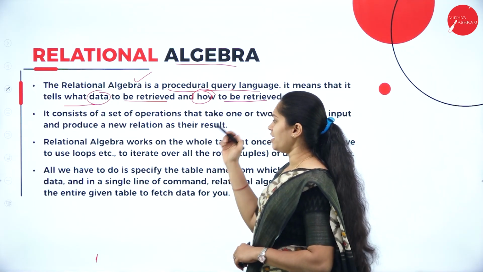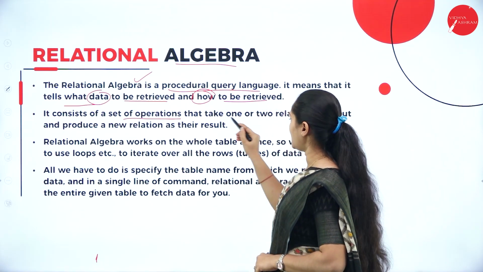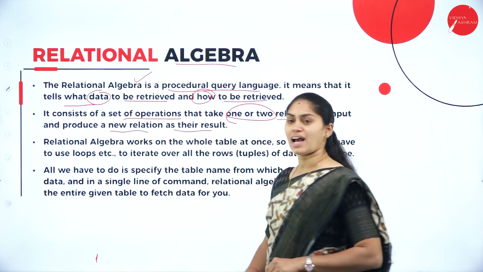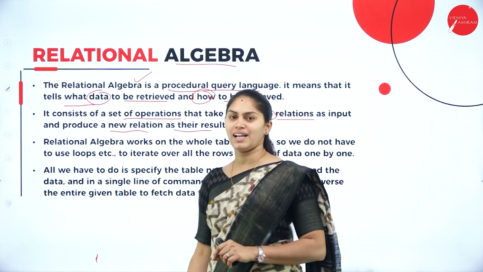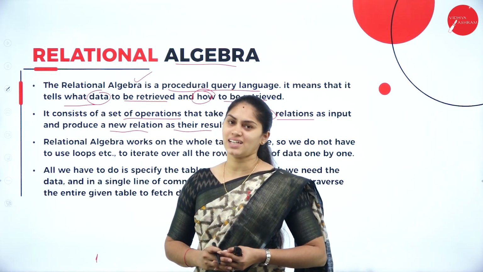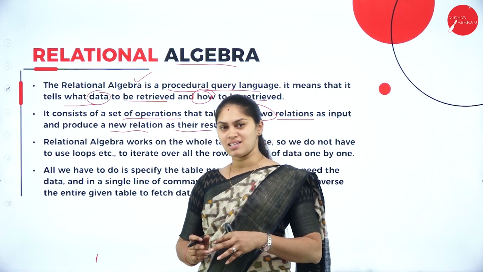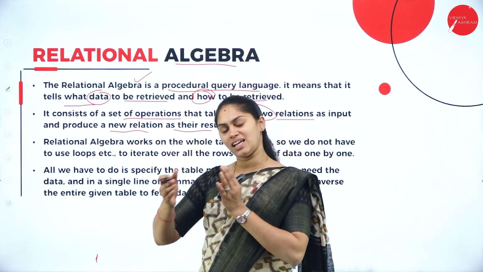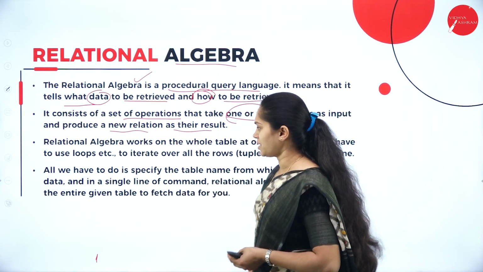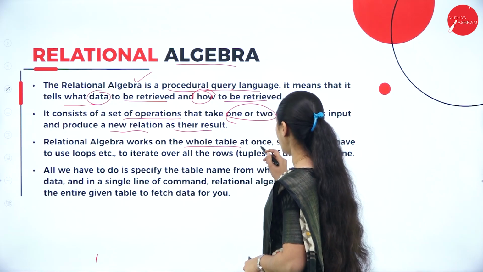In this, there is a set of operations that take one or two relations as an input and produce a new relation as the result. So the input is a relation, and the output is also going to be a relation. That means we are dealing with tables. I take tables as an input. After the processing, only a table is produced as an output, so it works on the whole table at once.